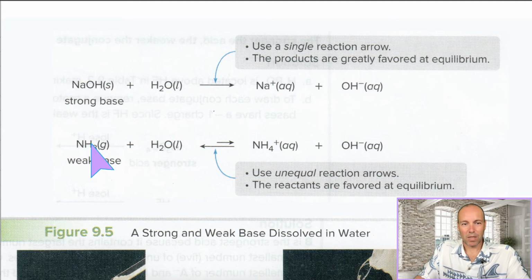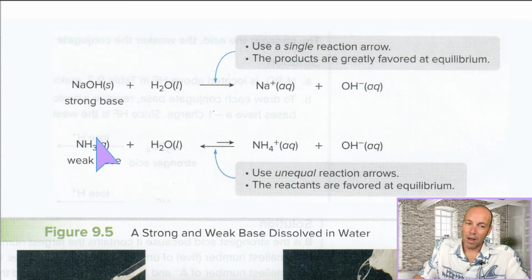The way it works is it basically takes a proton from water, and that leaves a hydroxide. So after water gives up its proton to this weak base, you get the hydroxide. Now, not all of the weak base molecules do this, just a small fraction of them do this.